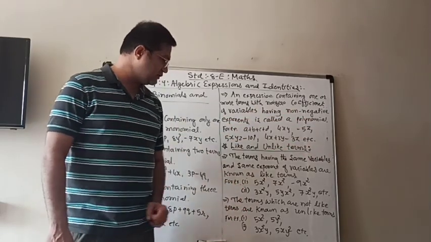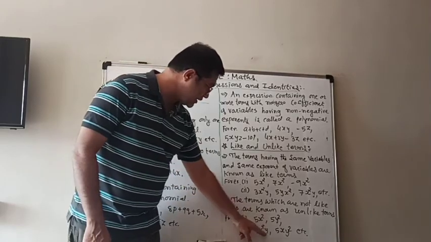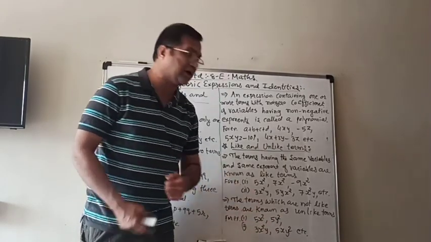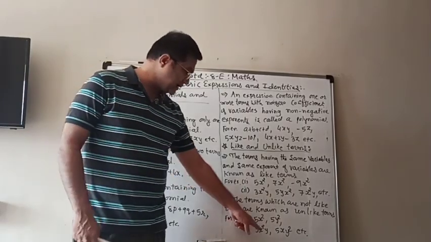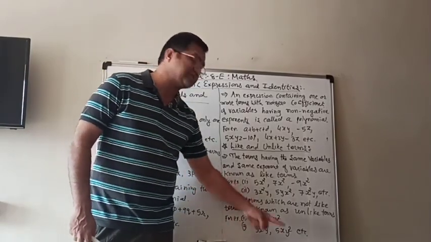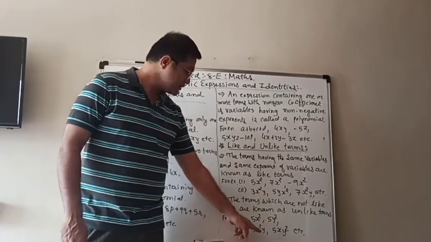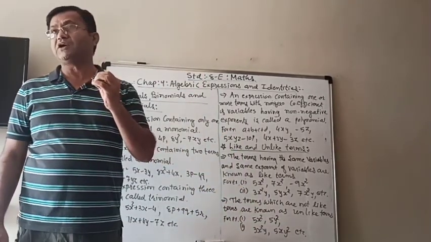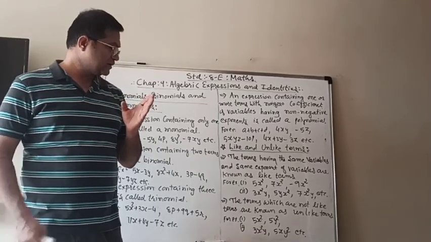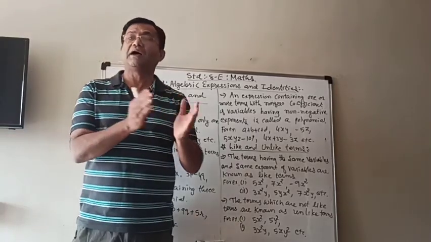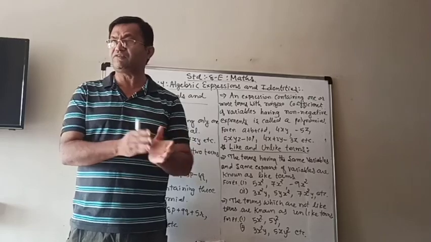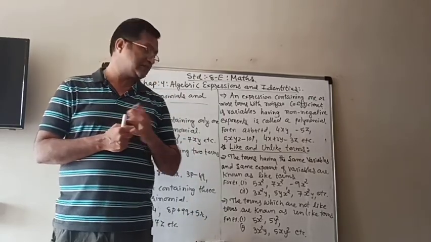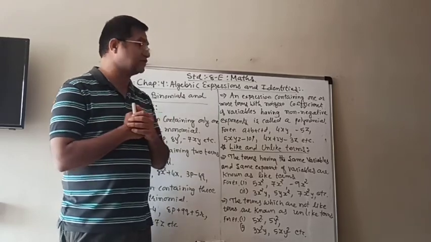Another one is 3x square y and 5xy square. Here you can see the variables are the same, x and y. But here x has power 2, here x has only power 1. Here y has power 1, but y has power 2 here. So maybe the variables are the same, x and y, but the powers are different, therefore they are unlike terms.